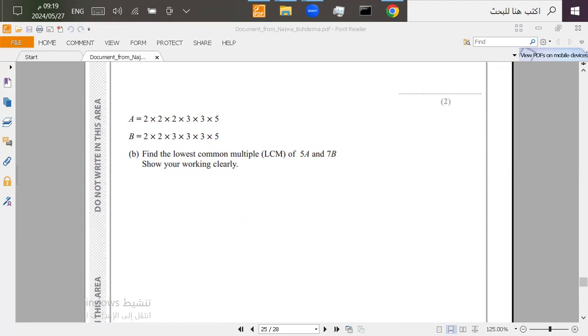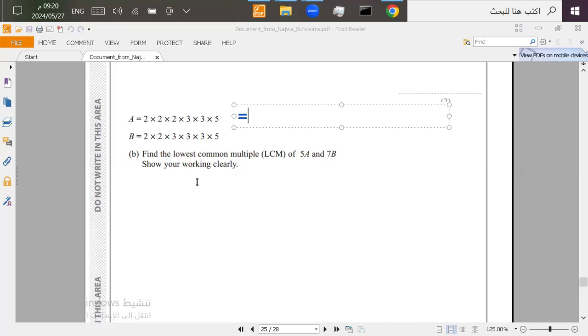First, we have to find out what number we get when we multiply 5 by A. So first, we multiply the whole thing in the calculator to get the answer for A. A will be 2 to the power of 3 multiplied by 3 to the power of 2 times 5.